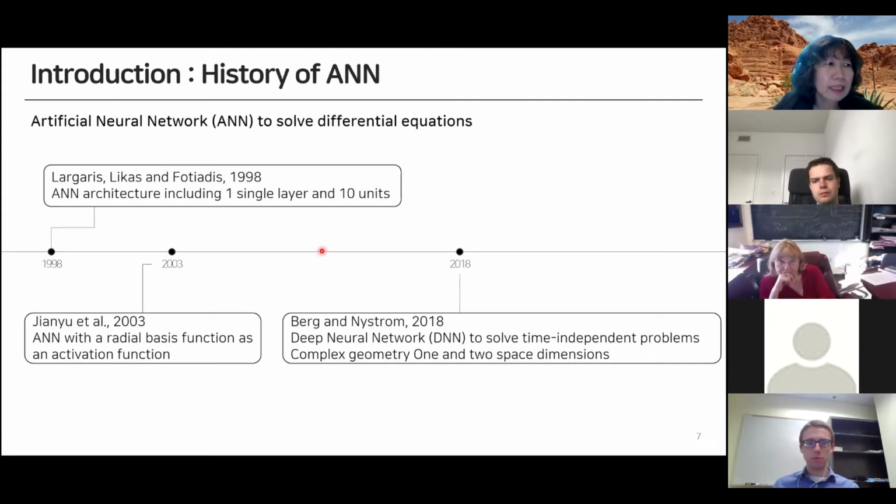Let's first look briefly at a history from the literature in which artificial neural network methods have been introduced in order to study differential equations. Early in 1998, there was a study where a neural net architecture with a single layer and 10 units was applied to study differential equations.